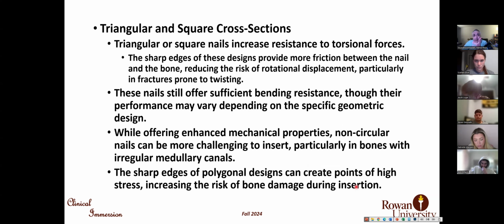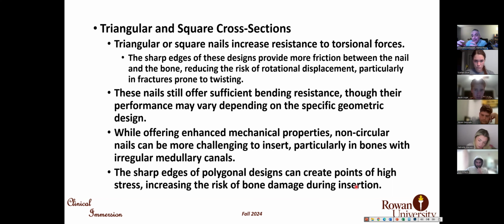We have triangular and square cross sections. Some of them are still in use for specific purposes, especially in nails that we want to have a special use for, like lengthening. Sometimes we use the nails in normal bones, and we perform an osteotomy and gradually increase the length of that osteotomy.